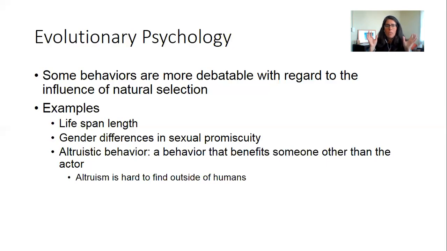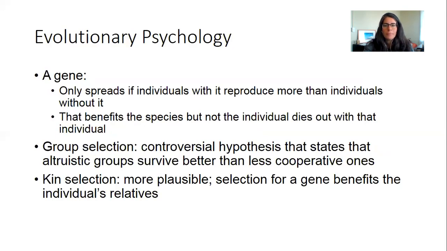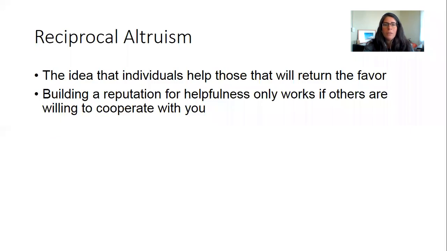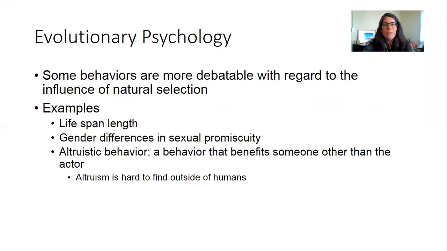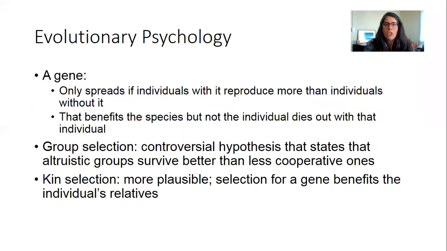And so the argument is that the commitment, the length of effort and the resources, inform their level of sexual promiscuity. Okay, so there are some behaviors through the lens of evolutionary psychology.